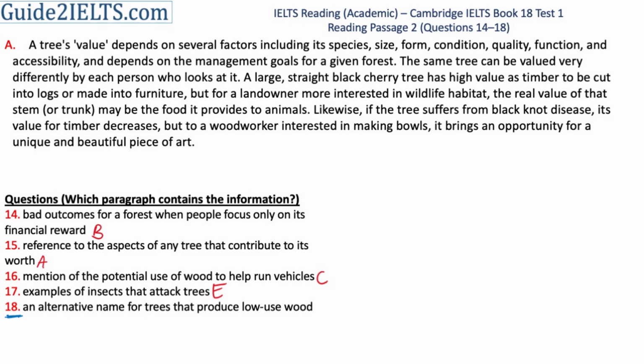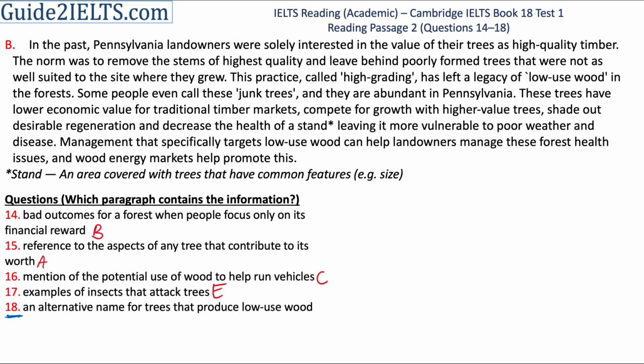From paragraph B, we see a mention of woods which have high quality timber and low quality timber. This is something I could have noticed when I found the answer to the 14th question, which was also B, but I missed it. Now I'm noticing that there are phrases in quotes.